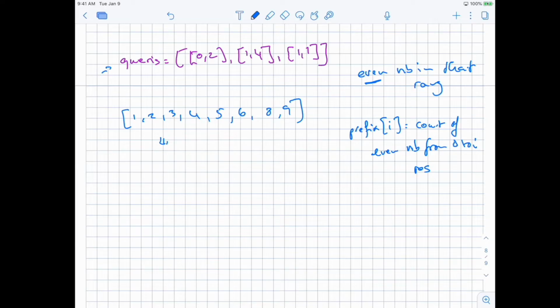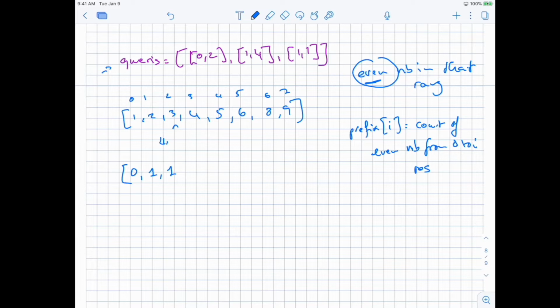So to do that, let's add the positions 2, 3, 4, 5, 6, 7. Is 1 even? No, so we put 0. Is 2 even? Yes, so we have 0 plus 1 gives us 1. We go to 3. Is 3 even? No.